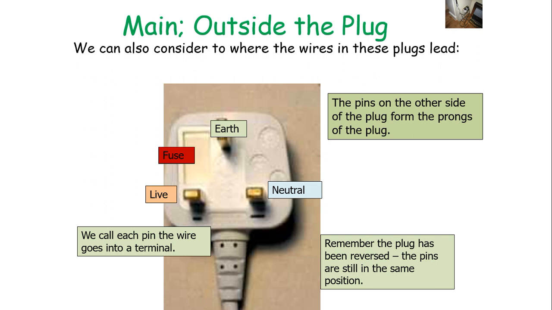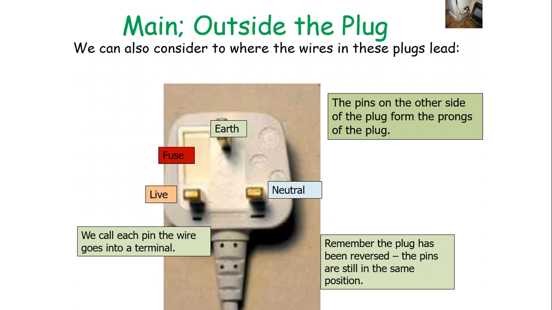Now, we've also got to consider where the wires in the plugs lead. Basically, each wire links into a pin, which links to the terminal. The pins on the other side of the plug form the prongs of the plug. Now, remember, the plug's been reversed and the pins are in the same position. So whilst it might look like the live and the neutral swap position, that's not the case.